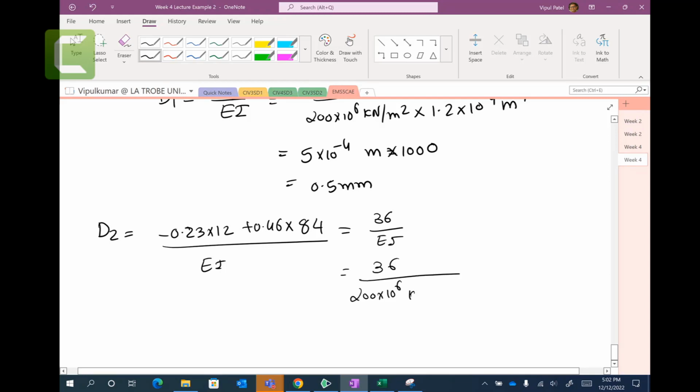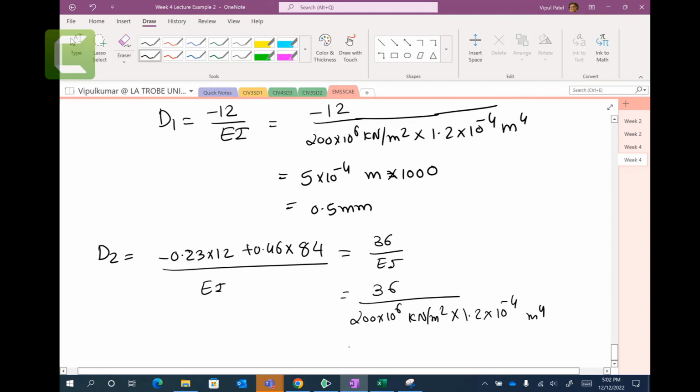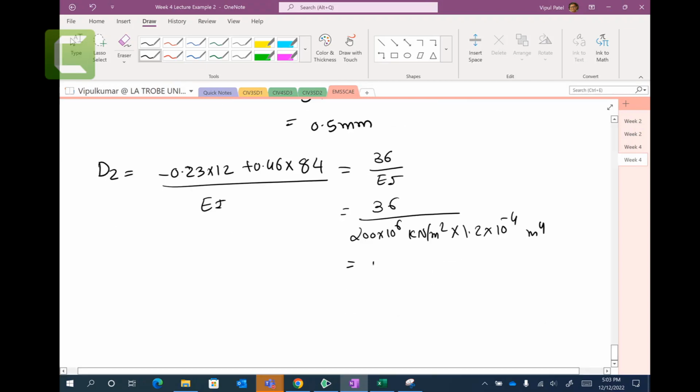Now, if you want to put it in the full format, 36 divided by 200 times 10 to the power 6 times 1.2 times 10 raised to minus 4, it looks positive. You get 1.5 times 10 raised to minus 3 meters.